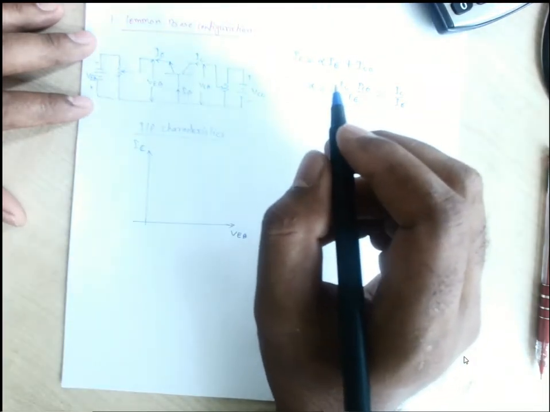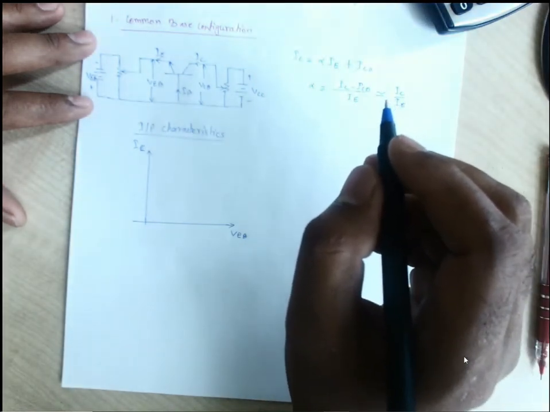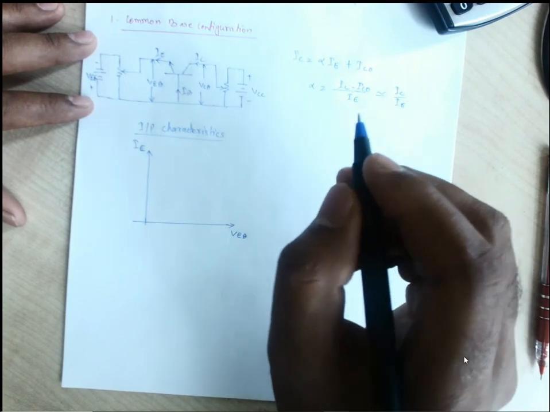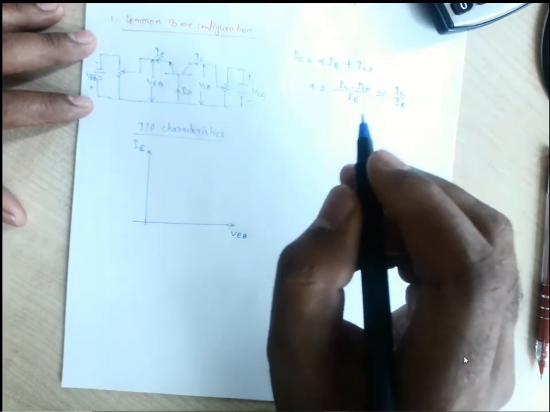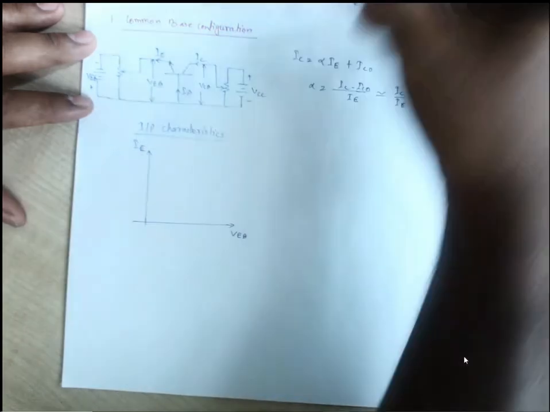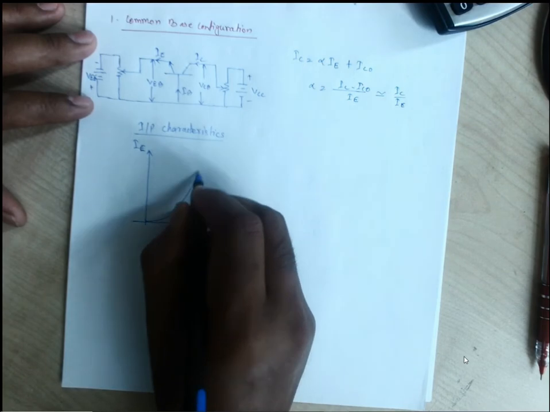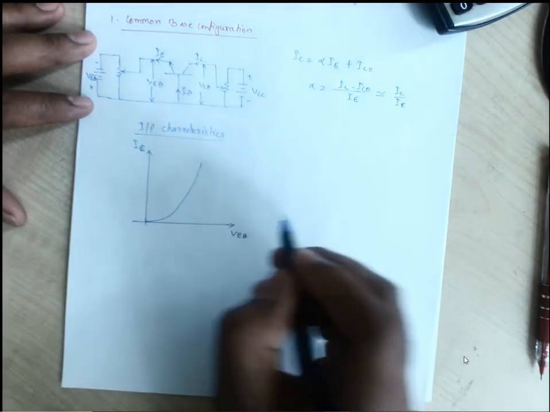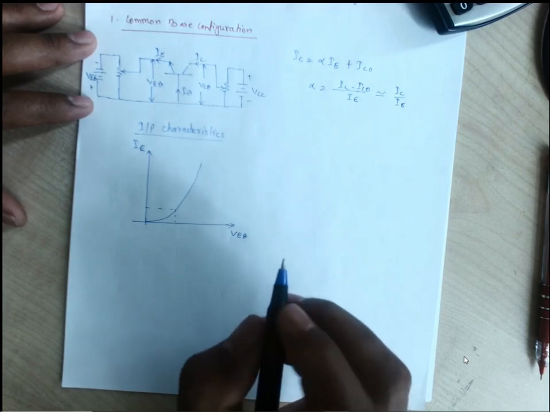So for this case we'll have a diode which has been connected in the forward bias. To have the current flow in that junction we need to overcome the knee voltage, and after that we'll have the sharp increase in the current. Something like this, we'll have the sharp increase in the current after the knee region.